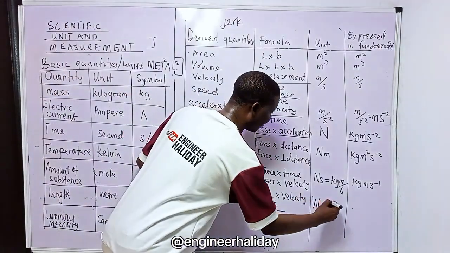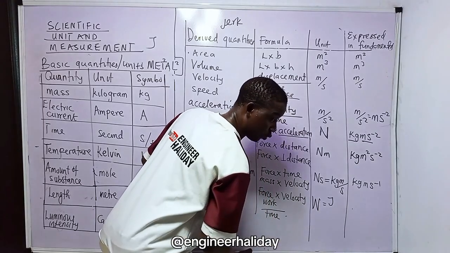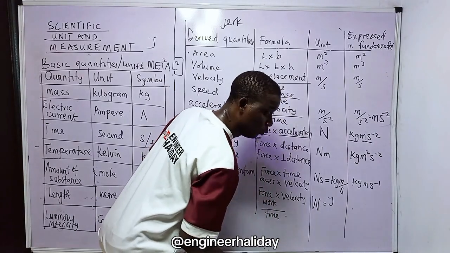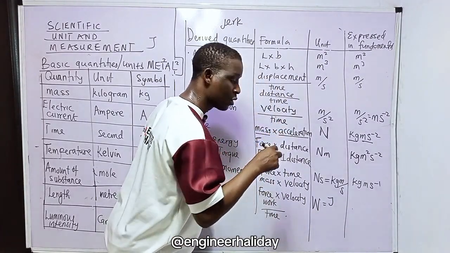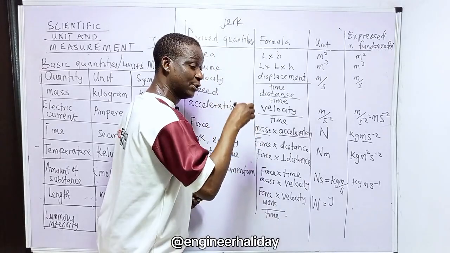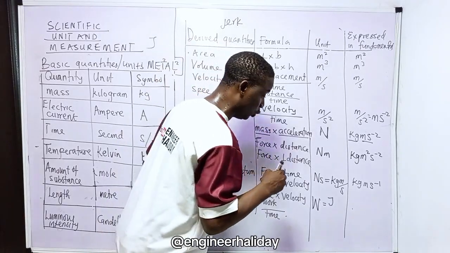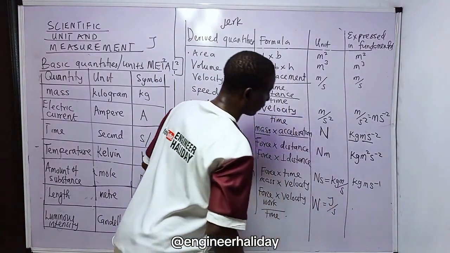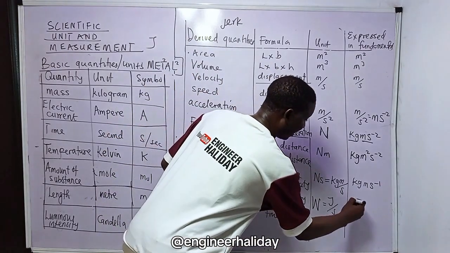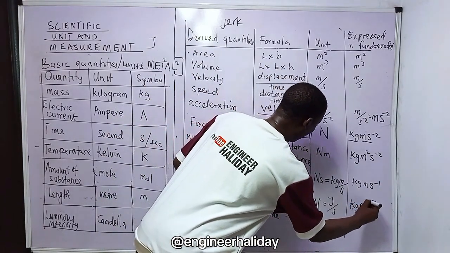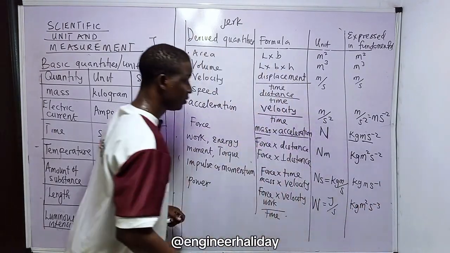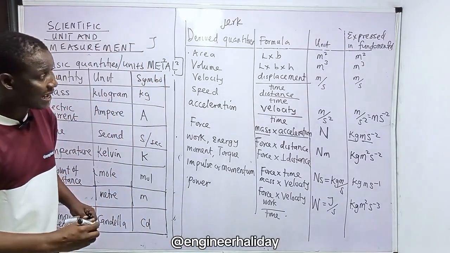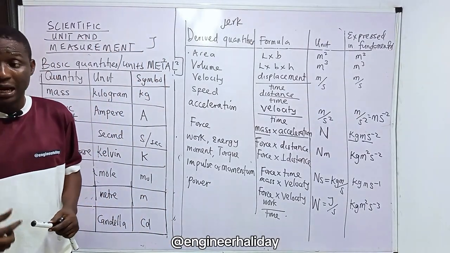We can also write it as joules per second, capital letter J. Anytime a unit is named after a person, we write it in a capital letter. That is the rule. In fundamental units, you can write it as kilogram meter square per second cube.